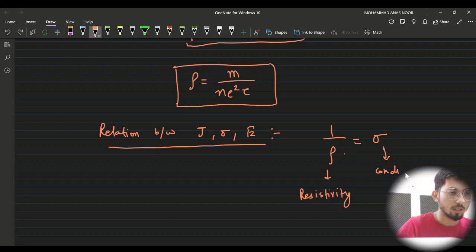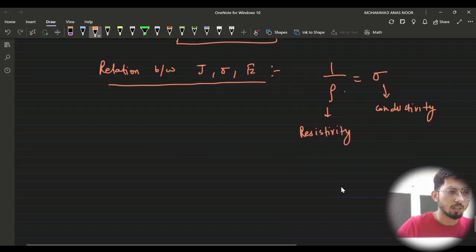Its unit would be the inverse of resistivity.